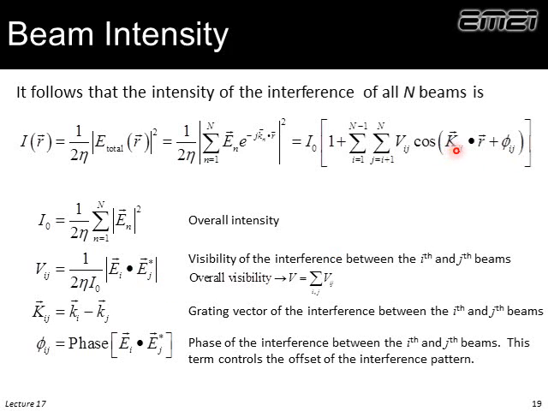Then we have a grating vector, and there'll be a whole bunch of these that come out from multiple beams. That's defined the same way. And we also have the phase of each one of those little gratings, which comes from the phase of the dot product of the electric fields. So it's really the same form we had with two beam interference, but with two beam interference we only induced one grating. Now we're inducing a bunch.